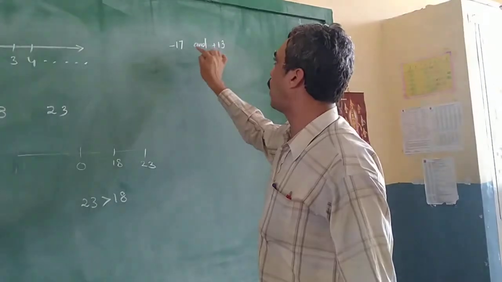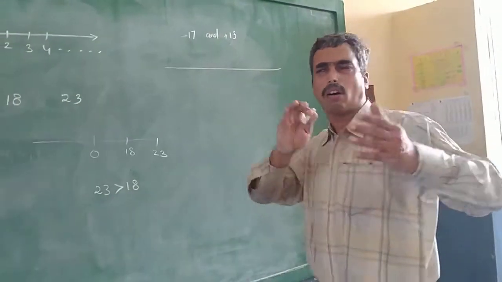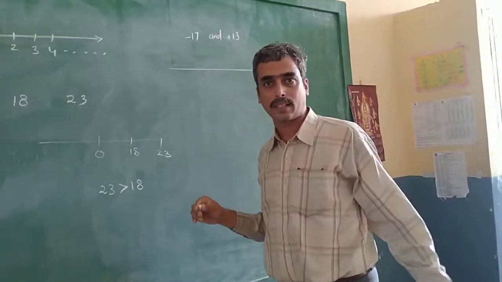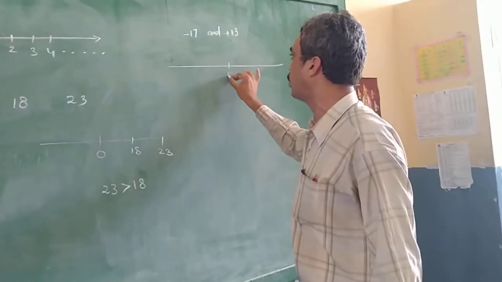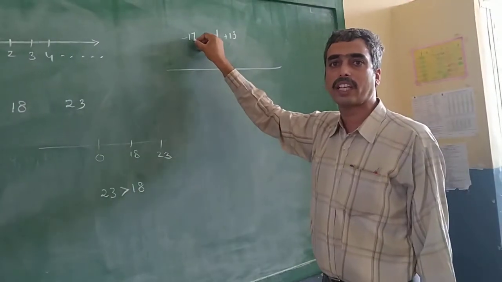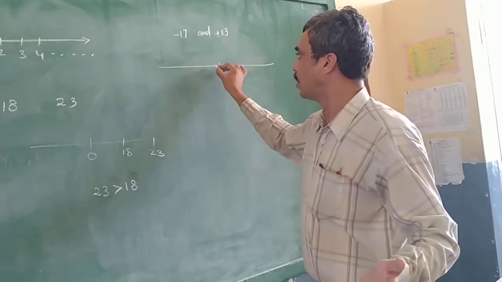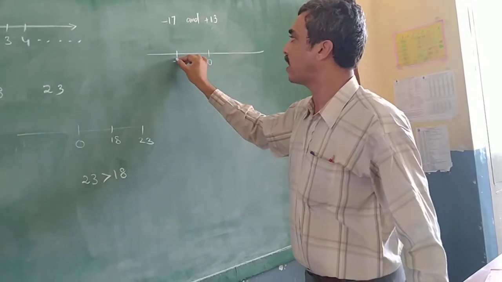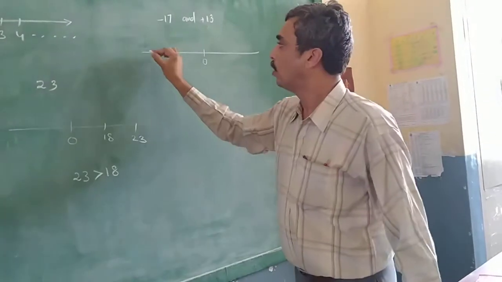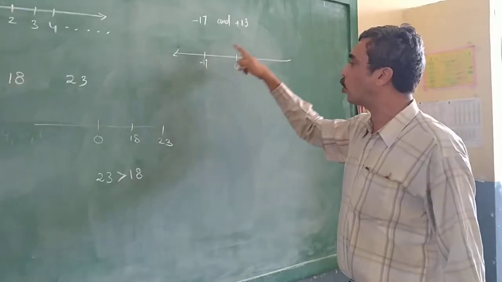If you want to compare these two numbers, just imagine, because you cannot draw all the numbers on the number line as numbers are endless. We mark 0, and -17 will be on the left side. After 0 come -1, -2, -3, -4, -5, like that; -17 will be somewhere here. 13 will not come on the negative side; it will go to the positive side.